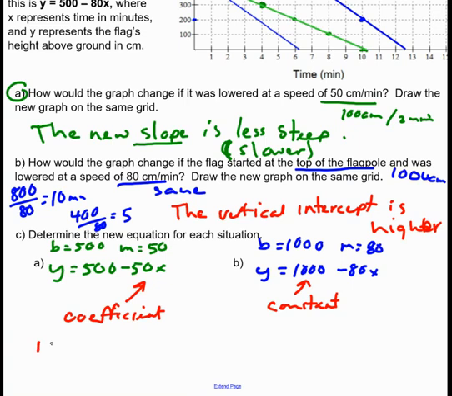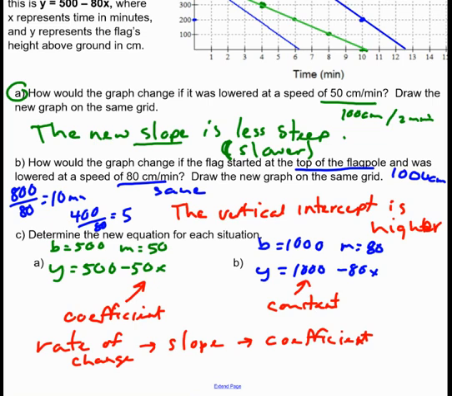So a couple things that we could say. We can say that the rate of change we are going to call slope, and it is indicated by the coefficient. All right.